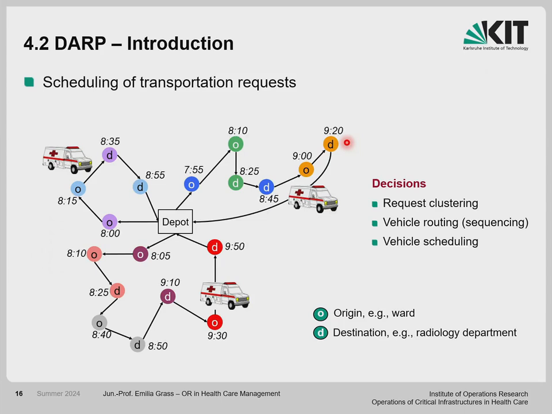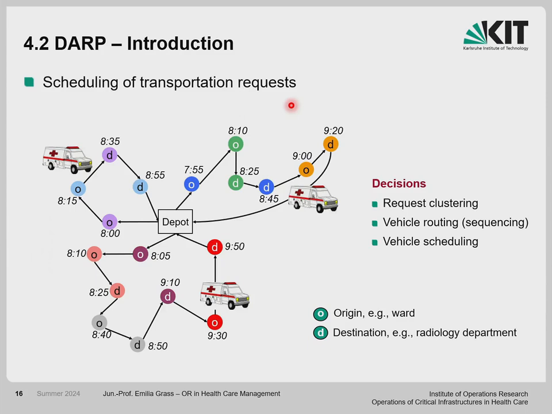And then the third one is to determine the real schedule. Often, schedule simply means the vehicle has to be at the blue location at 7:55, at the green location at 8:10, and then at the orange location at 9. What is often done is that the arrival times are fixed.